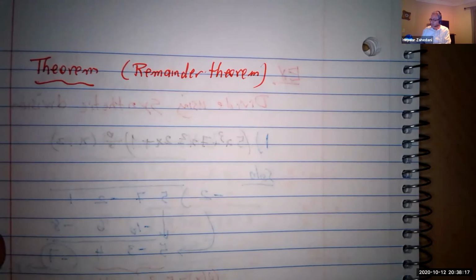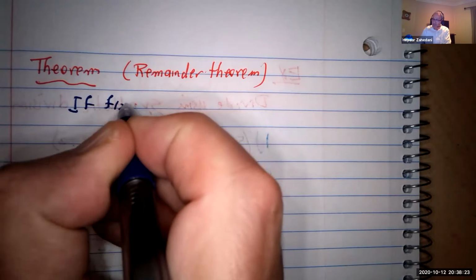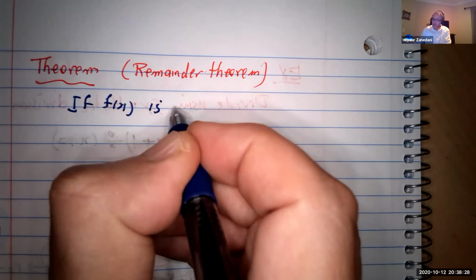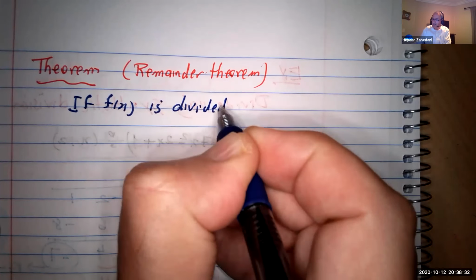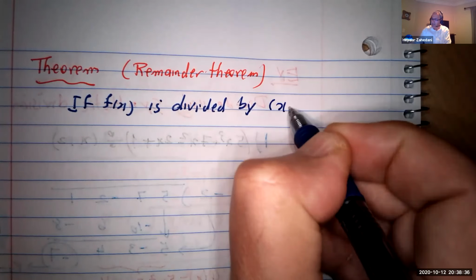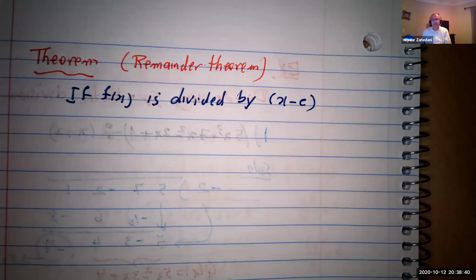So this is it. As I did, if f of x is going to be divided by a factor, we call it x minus c, as I did, divide by x minus 1, x minus 2.